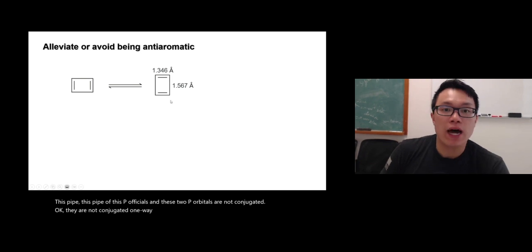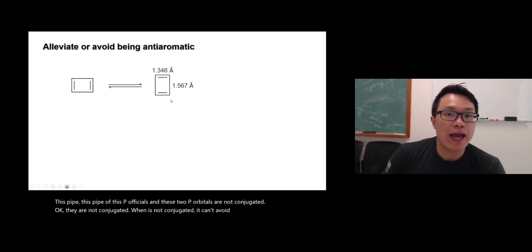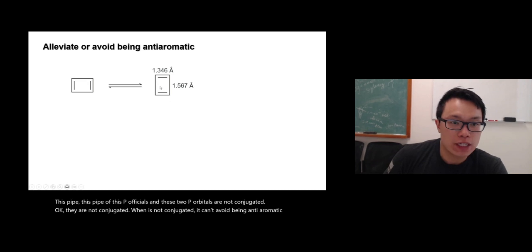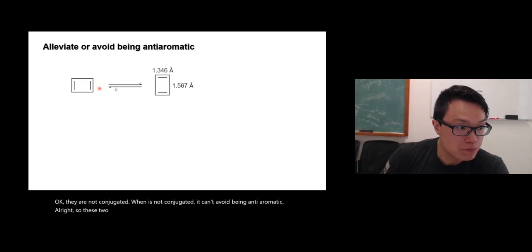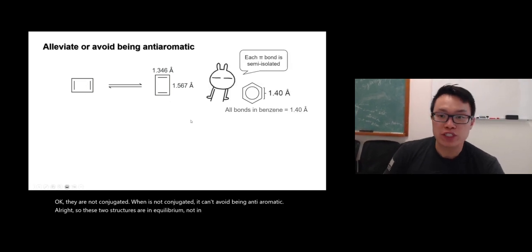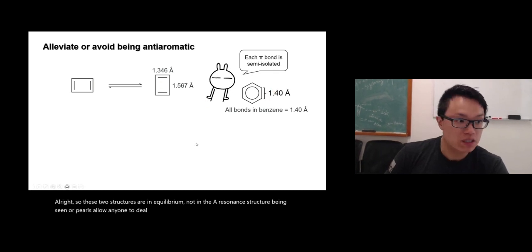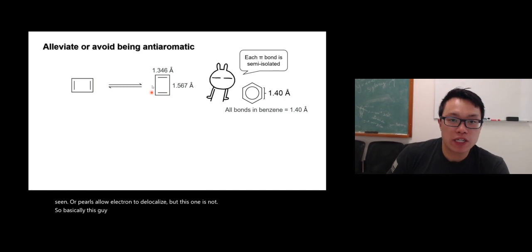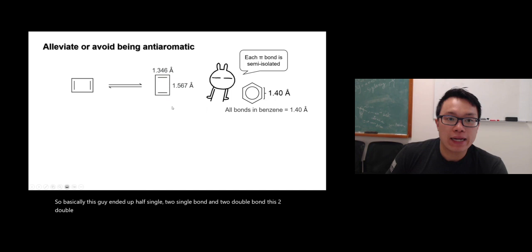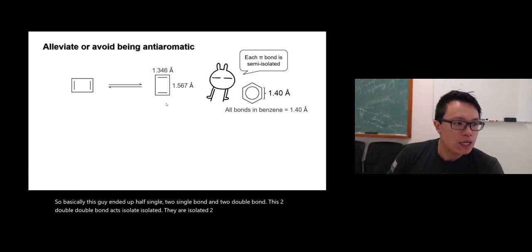When it's not conjugated, it can avoid being anti-aromatic. So these two structures are in equilibrium, not like the resonance structures of benzene. In benzene all p orbitals allow electrons to delocalize, but this one is not. So basically this ends up with two single bonds and two double bonds. These two double bonds act in isolation; they are two isolated double bonds.